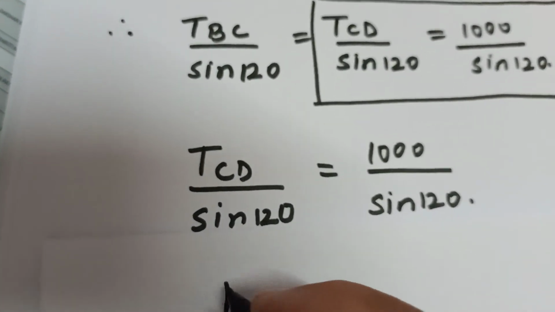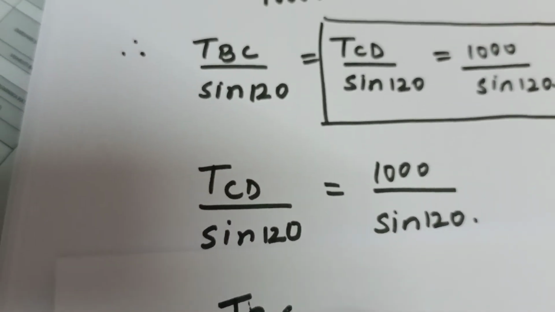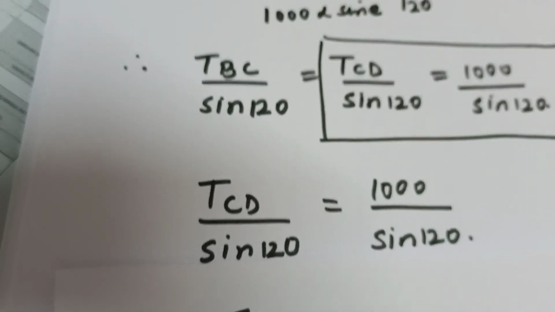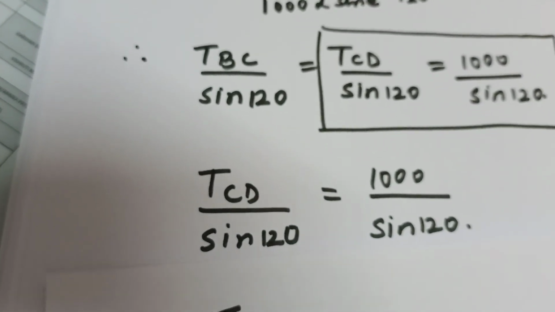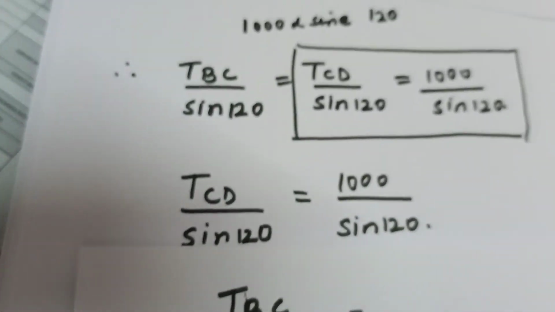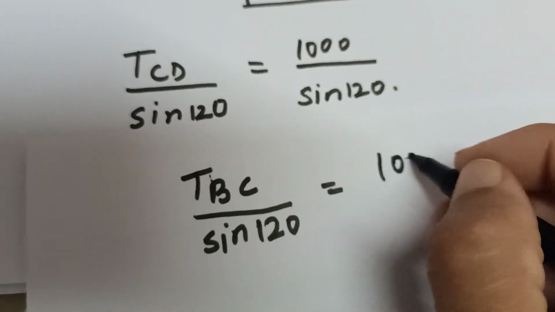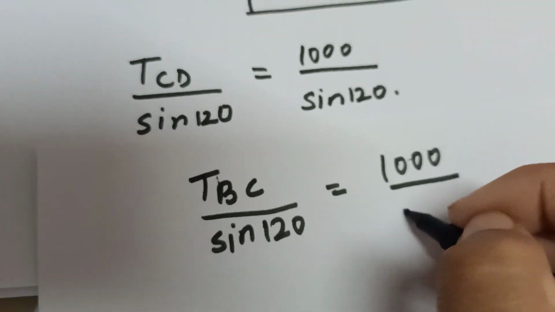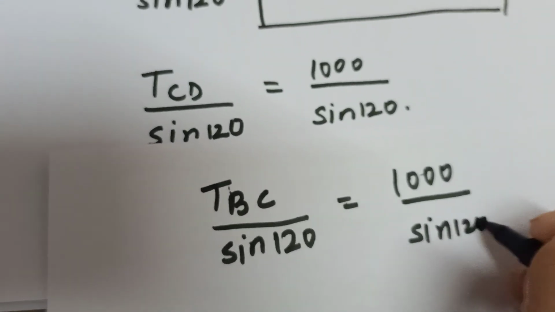TBC upon sine 120 is equal to 1000 upon sine 120.